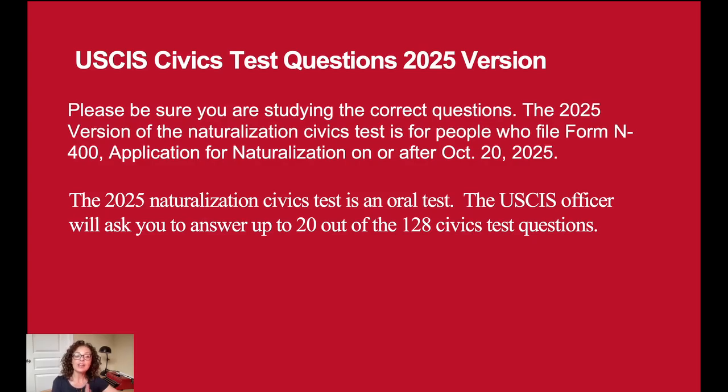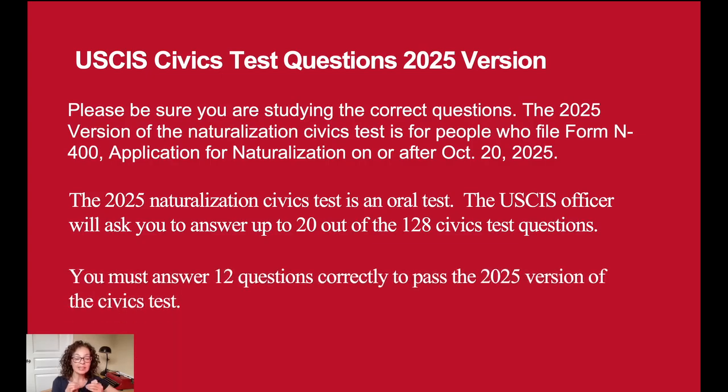The USCIS officer will ask you to answer up to 20 of the 128 civics test questions. You must answer 12 questions correctly in order to pass the 2025 version of the civics test. Okay? Ask questions below. In the meantime, let's get started.